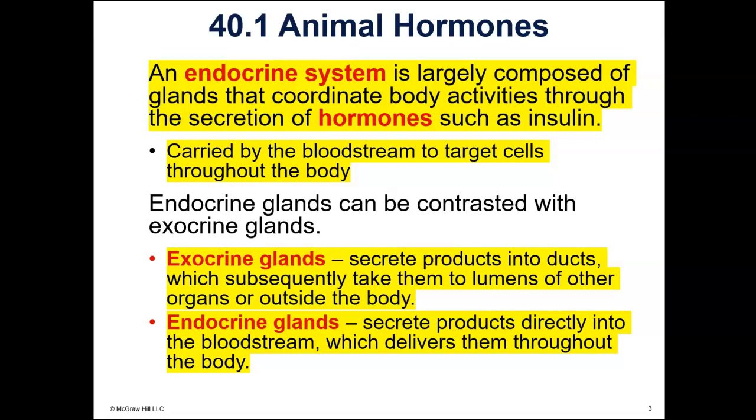There are also secretions from the pancreas that are not insulin. Insulin is a hormone, but there are enzymes secreted by the pancreas, and they are digestive enzymes, and they're released into a duct that takes those enzymes to the surface of the inside of your small intestine.